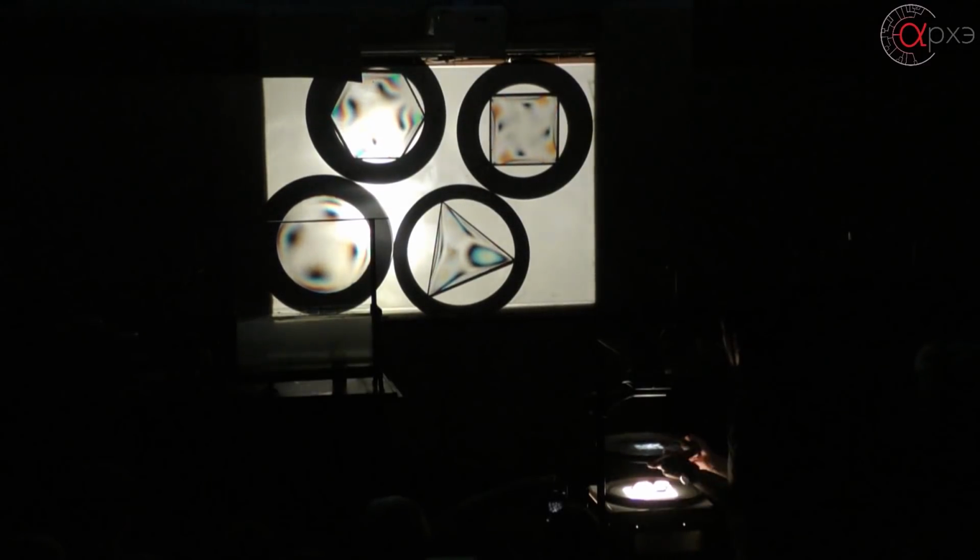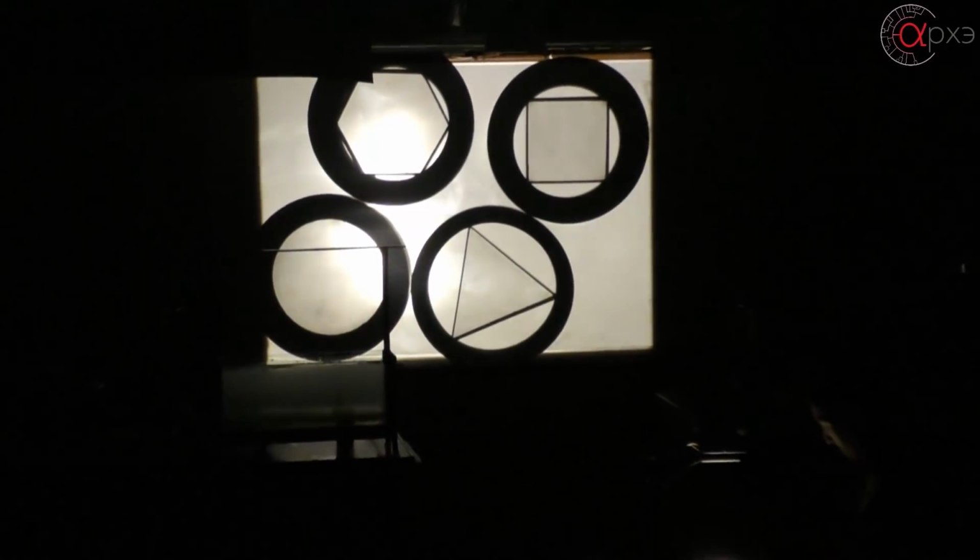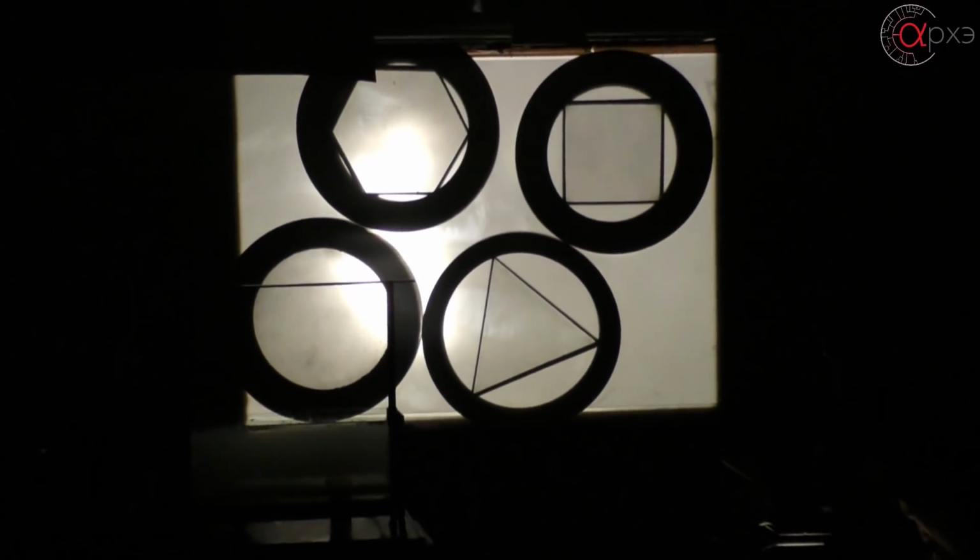If we rotate the second piece, you see that the image changes. The colors start to move. Now, what is special about these two pieces of glass?